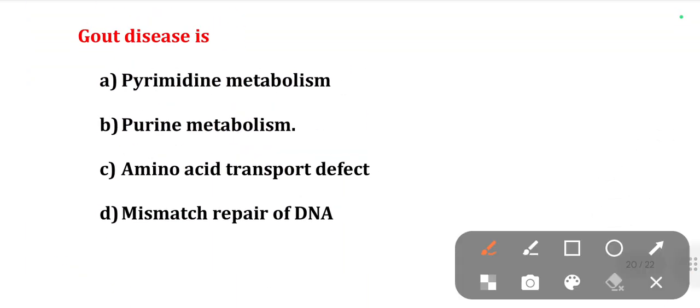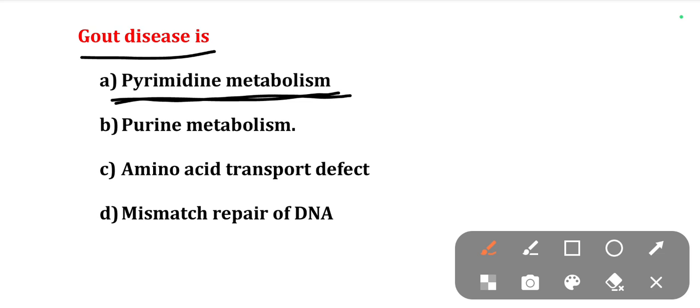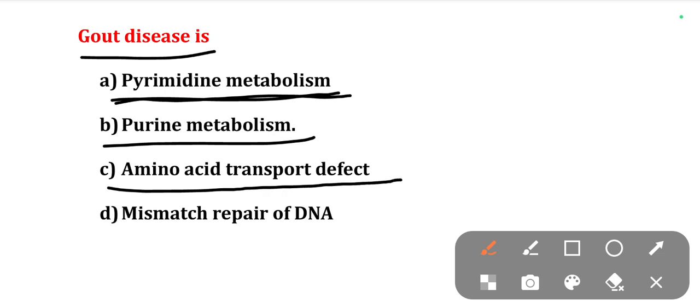The next question is about gout. What is the meaning of gout and how does it occur in humans? Options are A, pyrimidine metabolism, purine metabolism, amino acid transport deficit, and mismatch repair of DNA.